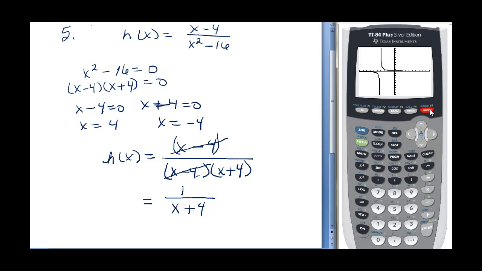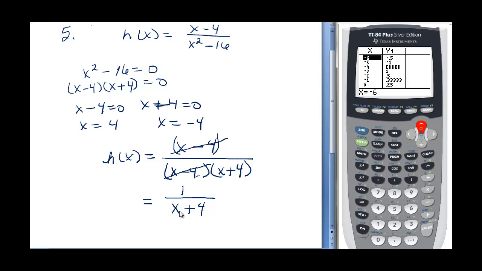But if I look at the table, I notice something kind of interesting. I have a value at 4 here, but I don't have a value at negative 4. Negative 4 is still an error, because here if I put in 4, I would have 1 over 8.